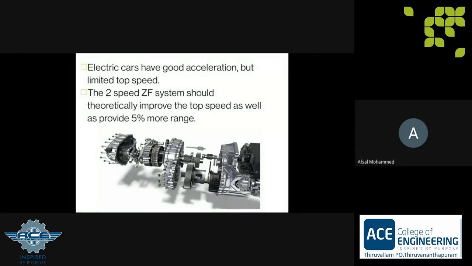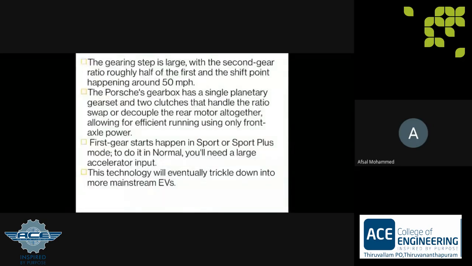They have designed a two-speed automatic for the Taycan, which according to Porsche improves mileage or range in the case of electric vehicles by 5%, whereas also providing a much better top speed. Top speed has always been an issue in electric cars as they provide low-down torque, but the gear ratios aren't available. So they top out whenever the motor tops out at its maximum RPM.